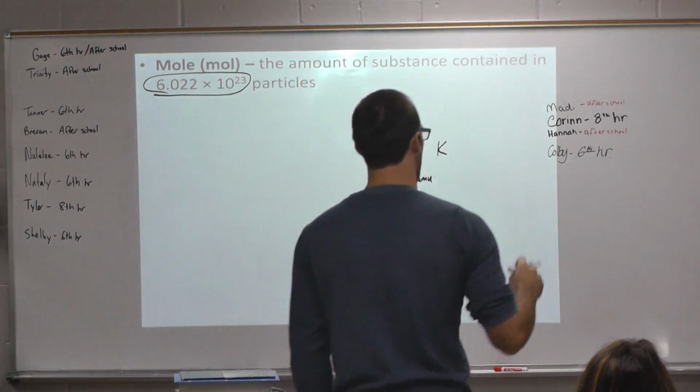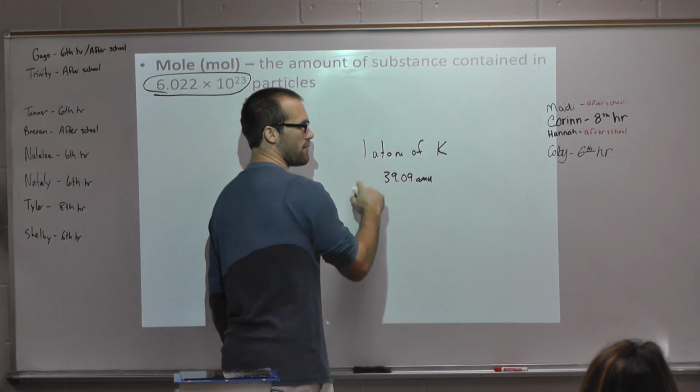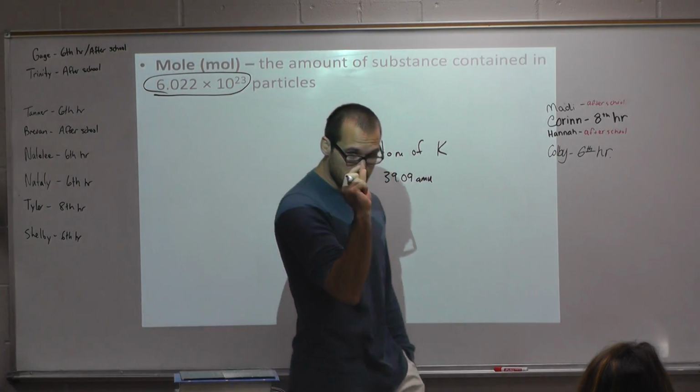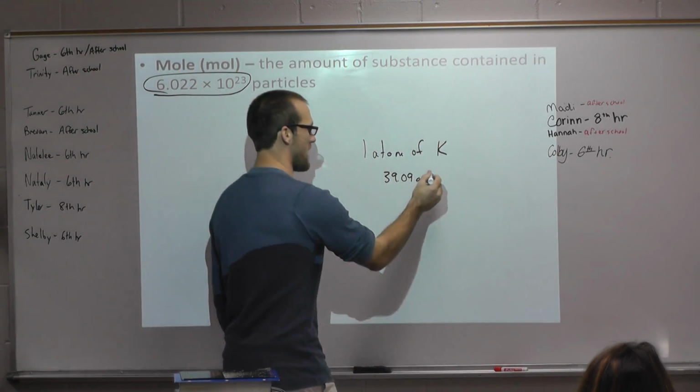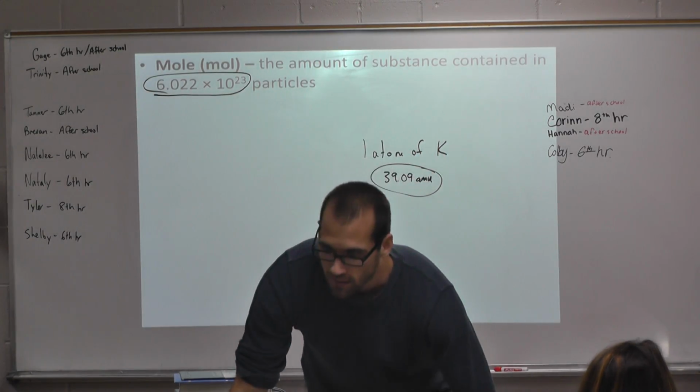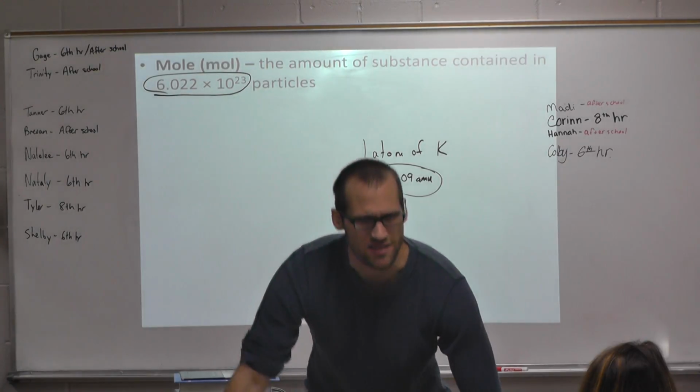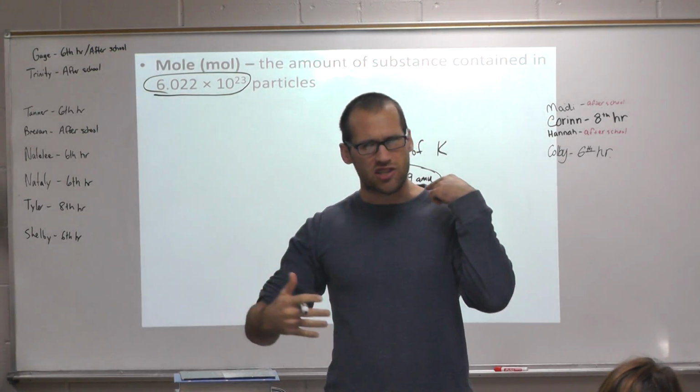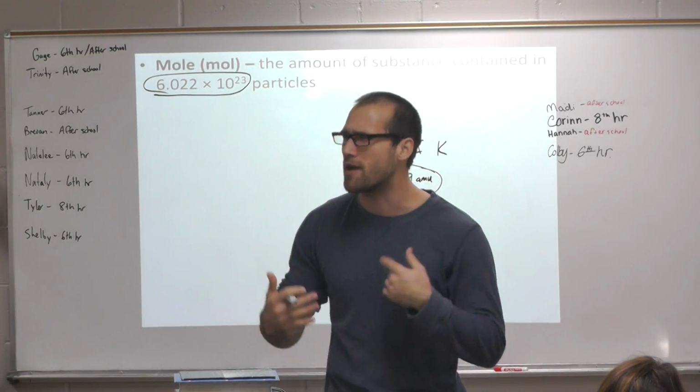Okay? So when we looked at it, we said, if I have one itty bitty little atom, this is what its mass is. And we were like, I have no idea what that means. Does any of us have any kind of comprehension as to what an atomic mass unit is?